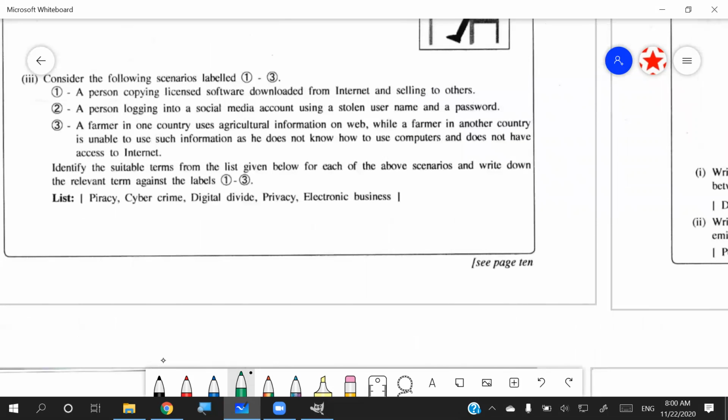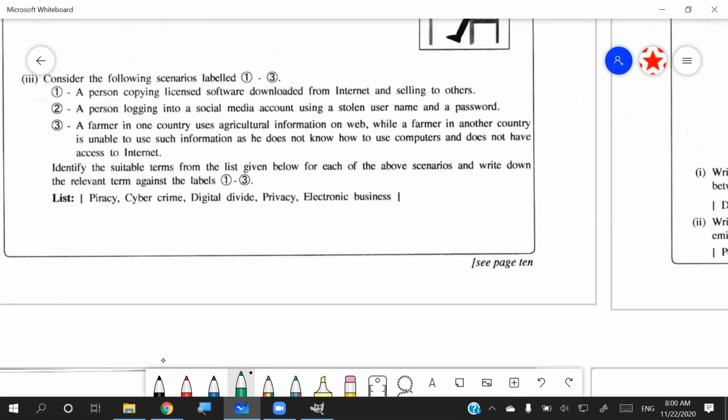Yeah, consider the following scenarios labeled 1 to 3. A person copying licensed software downloaded from the internet and selling to others. Definitely piracy, right? You can't do that. When you are doing it, you are called a software pirate, or software piracy happens.